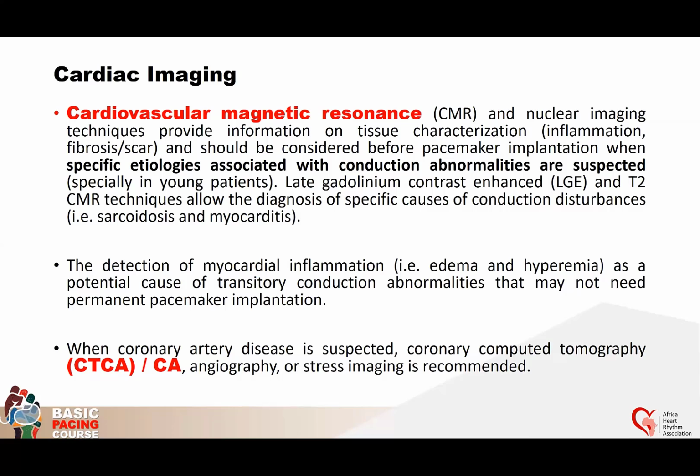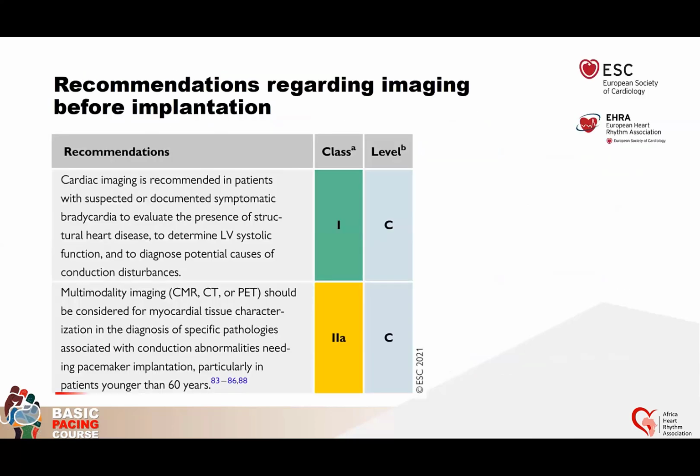So it's always interesting to do, if possible, this modality of imaging to better diagnose younger patients less than 60 years. Of course, if you suspect ischemia, you will ask for CT or coronary angio. And this is the guidelines. It's a 2A class for patients younger than 60 years to do further imaging modalities.